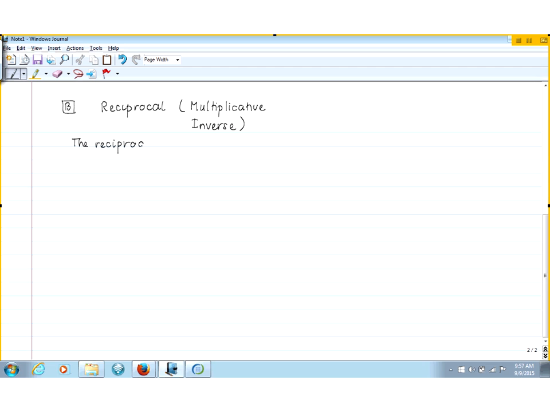So the reciprocal of A is 1 over A. What about the opposite of A? Is it 1 over A? What is the opposite of A? So this is the reciprocal of A. What about the opposite of A? Negative A. Good. So for example, if I have the number, let's write down the reciprocal.